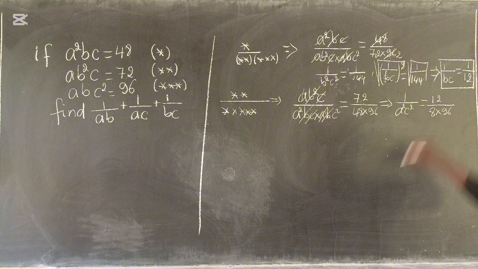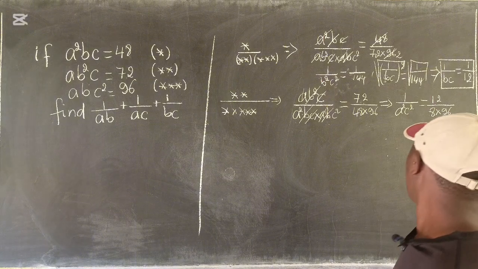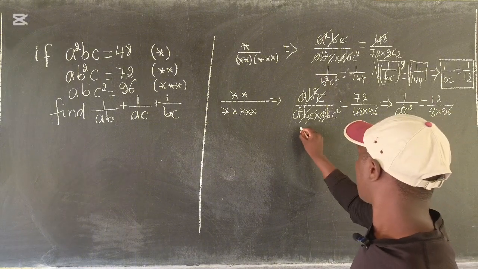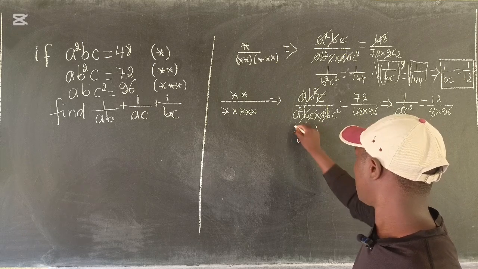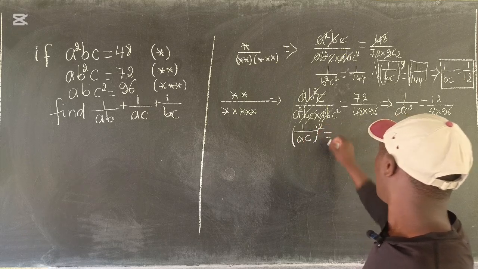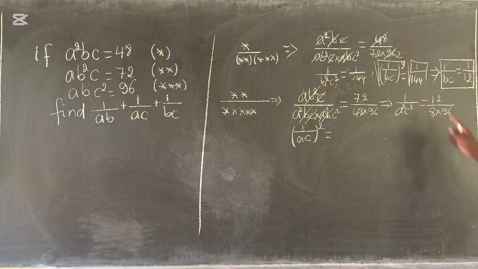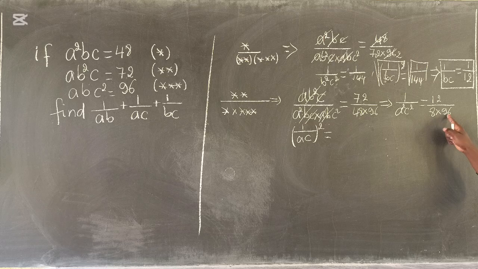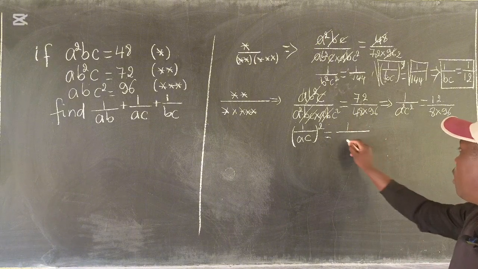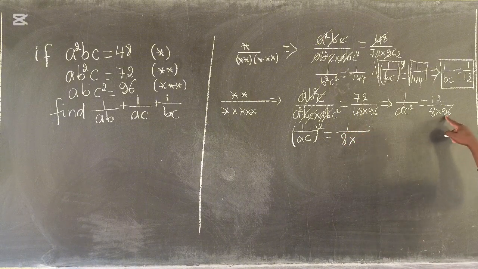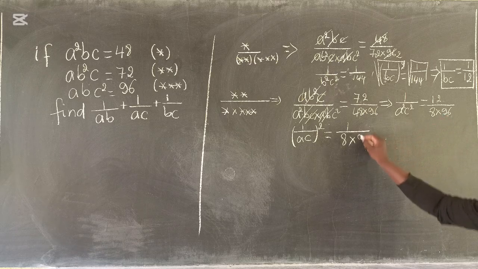It is clear that we have 1 over (a c) squared, and this is this by this by this 12. Let's divide here 12 and here 12. Here we have 1 over 8, and 96 by 12 is 8.